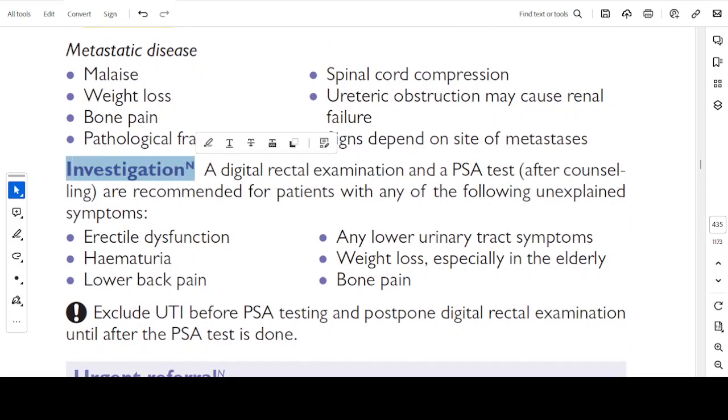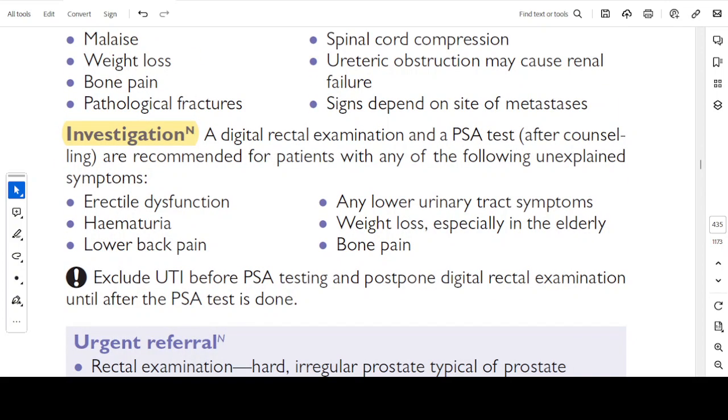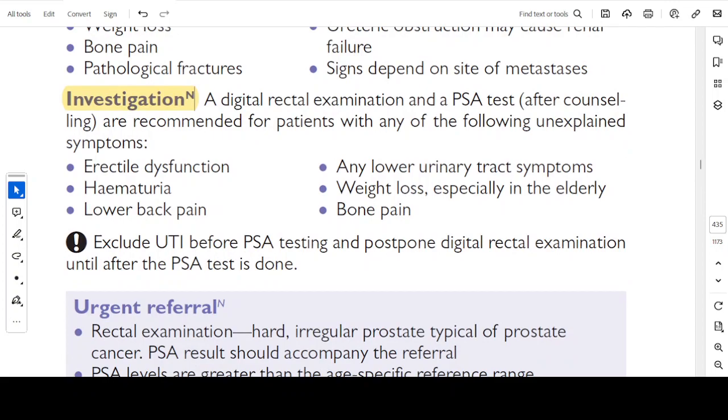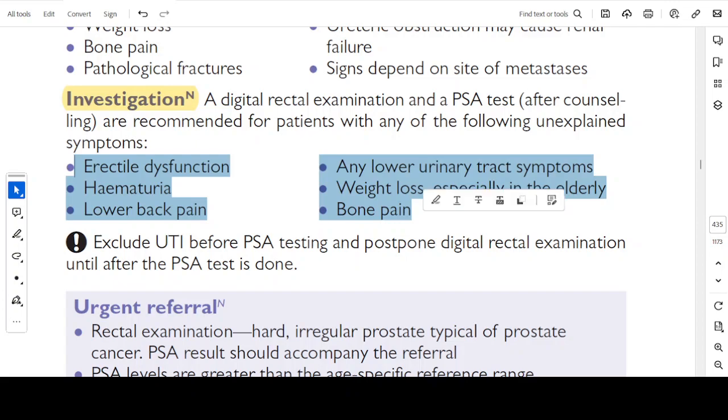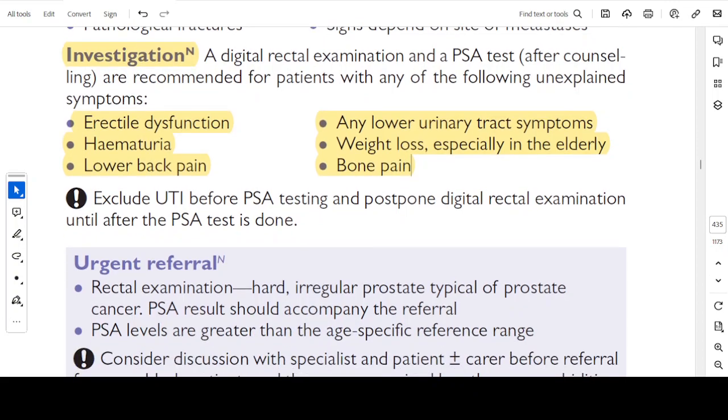Investigations. A digital rectal examination and a PSA test after counseling are recommended for patients with any of the following unexplained symptoms: erectile dysfunction, hematuria, low back pain, any lower urinary tract symptoms, weight loss, especially in the elderly, and bone pain.